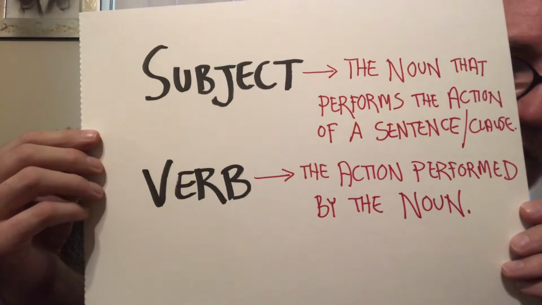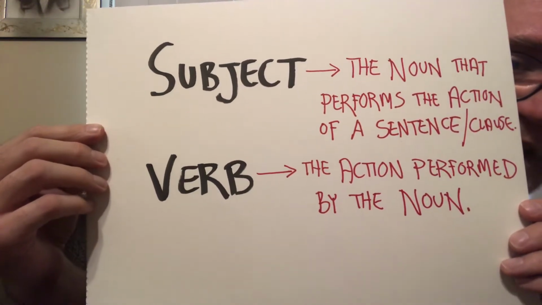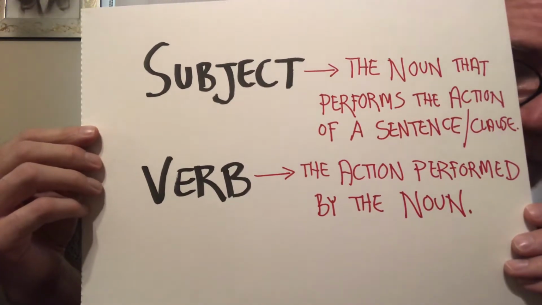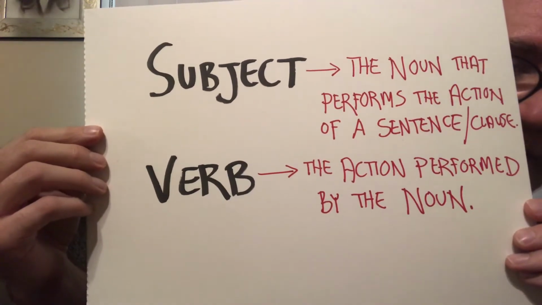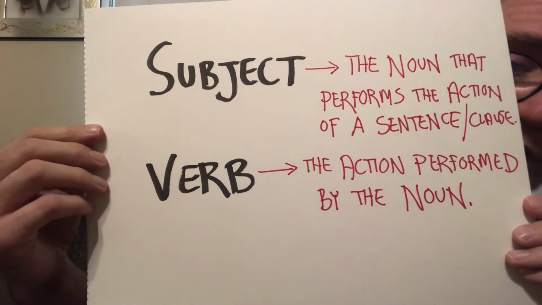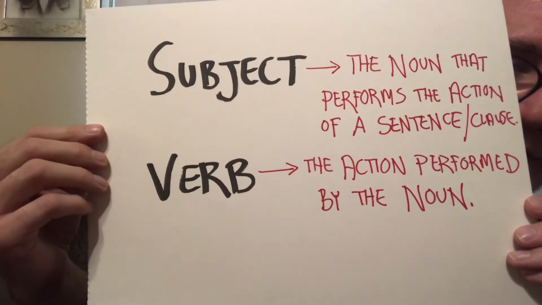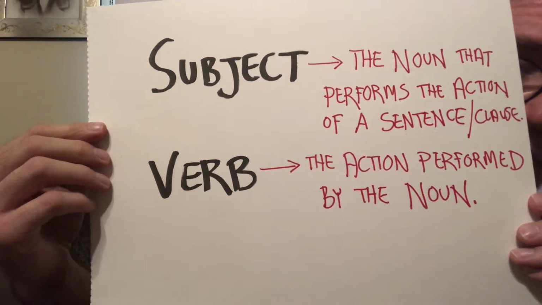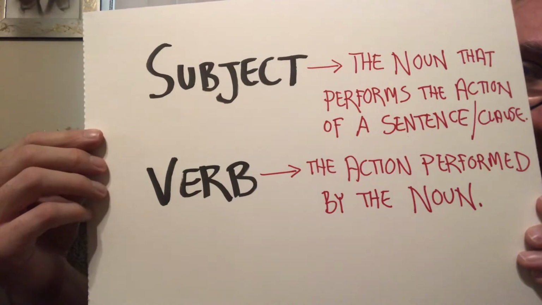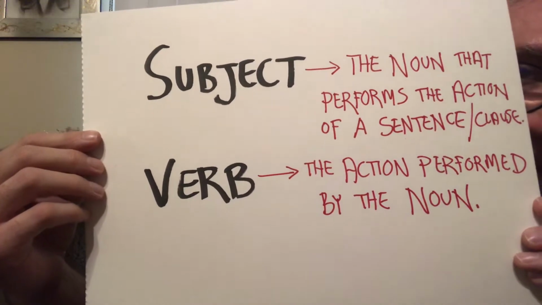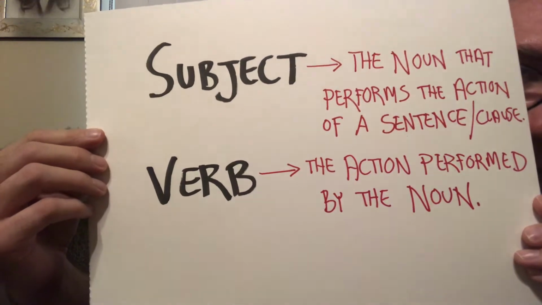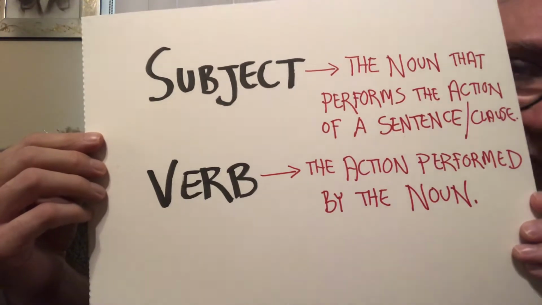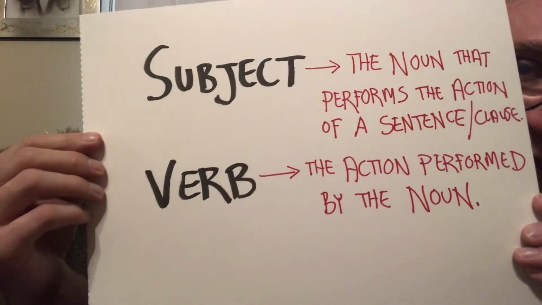You guys probably all know this already, but I wanted to remind everybody, because you need to have this in mind when we get to the next thing. And of course, the verb is the action performed by the noun. That's really important to remember. So the subject is the noun that performs the action, and the verb is the action performed by the noun. Pretty straightforward, but useful to remember.